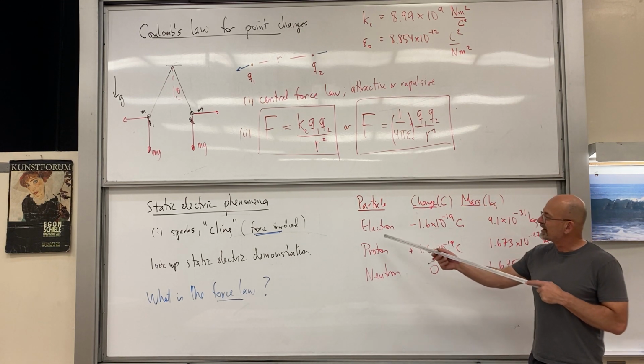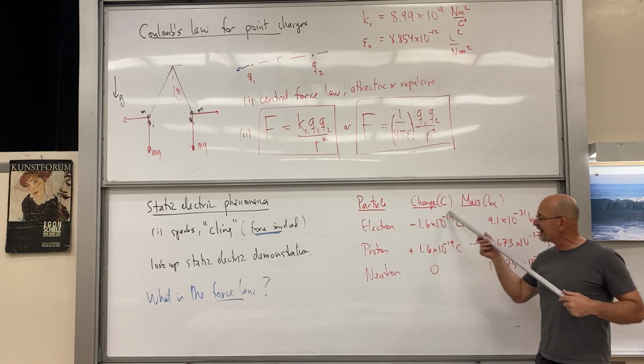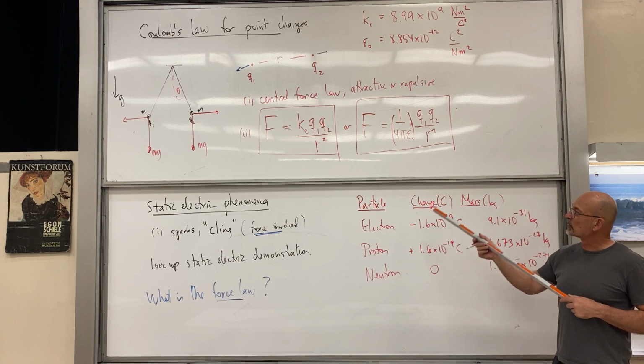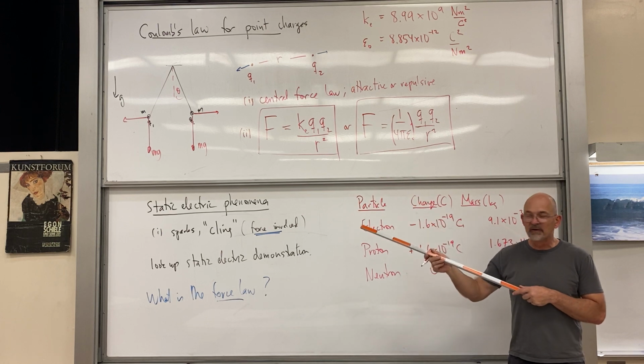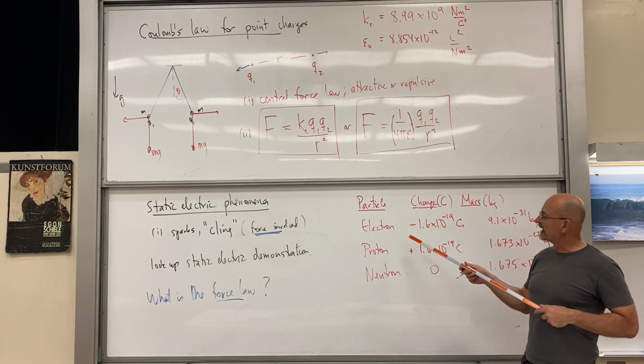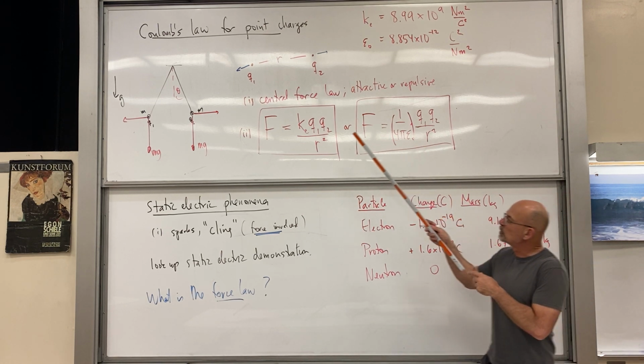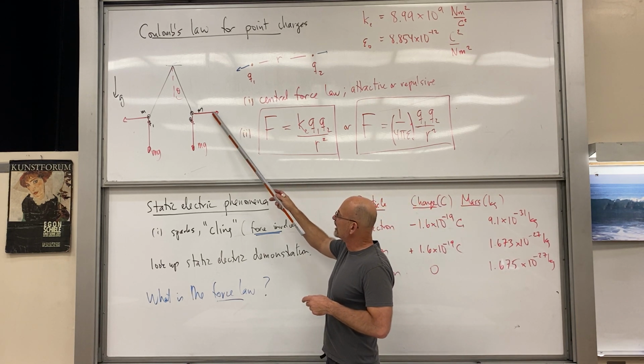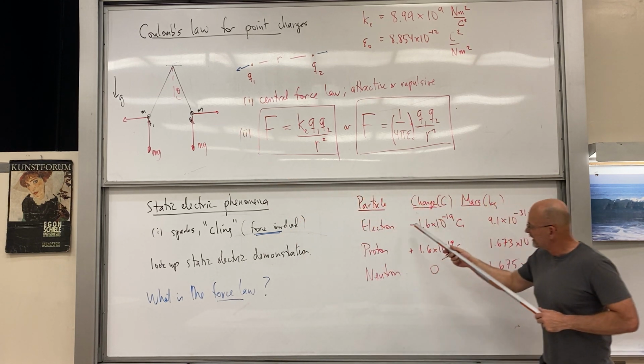So the discovery of these particles and their masses actually requires some more knowledge of the laws that we're going to be studying. The discovery of Coulomb's law does not require knowledge of these things yet.